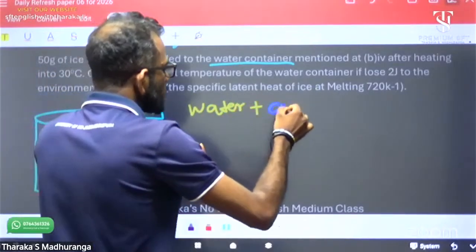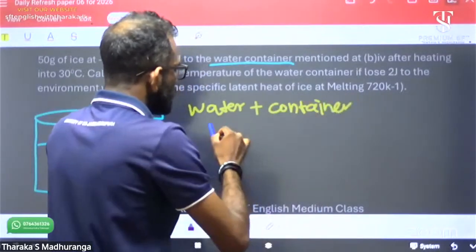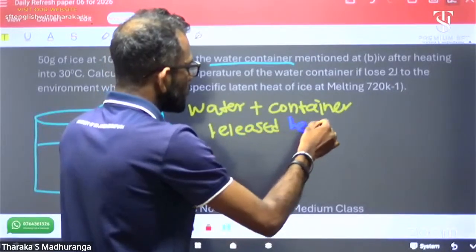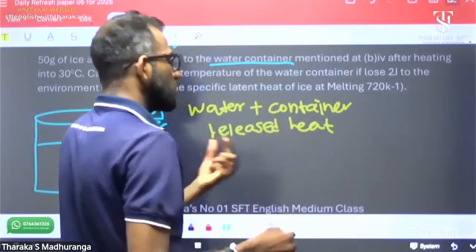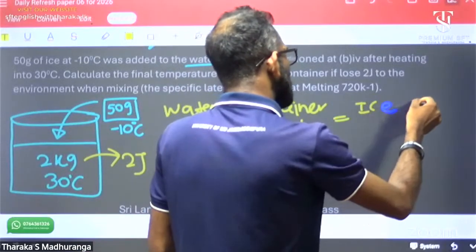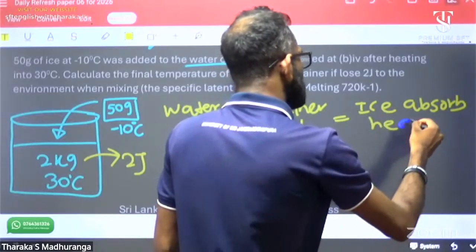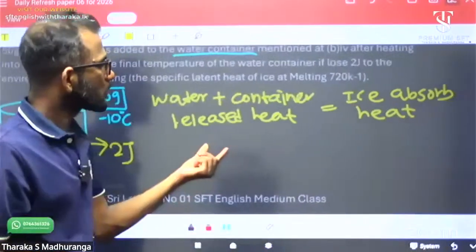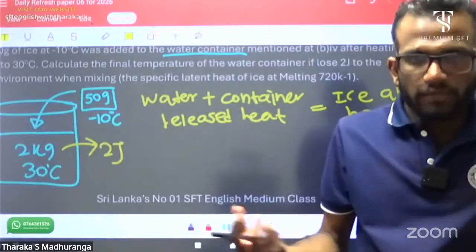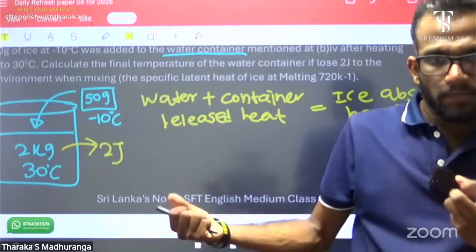Water plus container release heat, equal to the ice absorbing heat, plus the heat loss. Both water and container are at 30 Celsius.